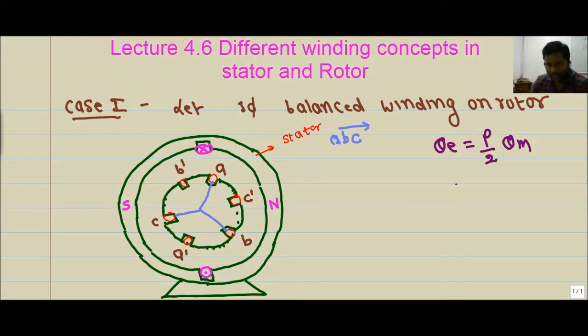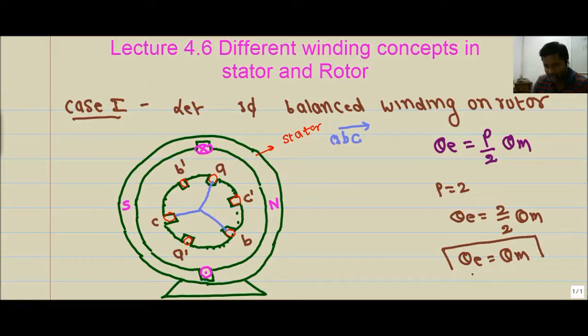As the number of poles is 2 in the rotor and the stator, theta electrical equals 2 by 2 times theta mechanical. So theta electrical equals theta mechanical, because the number of poles on the stator and rotor is the same. This angle represents theta electrical, which is 120 degrees.